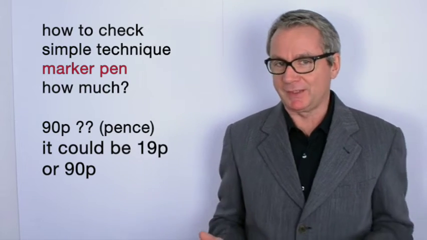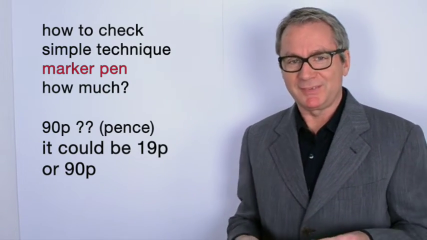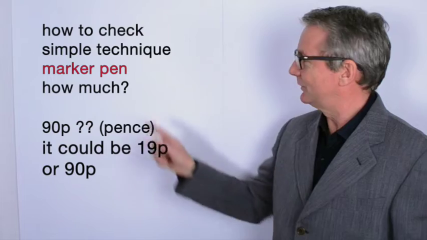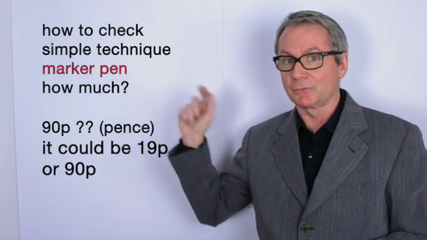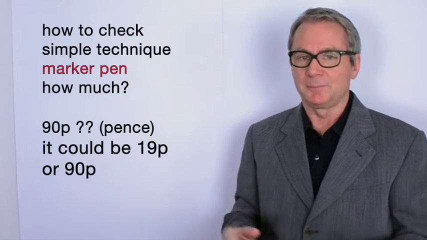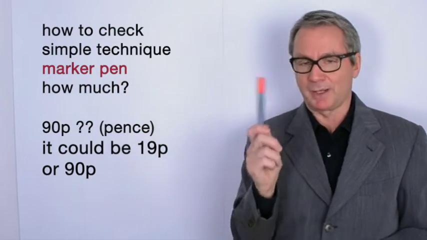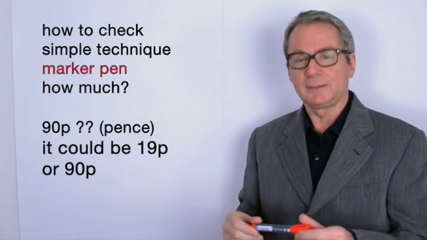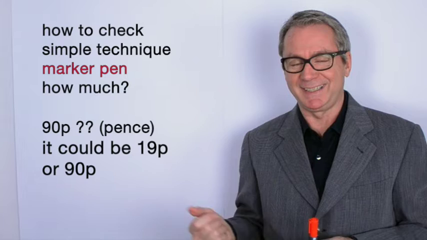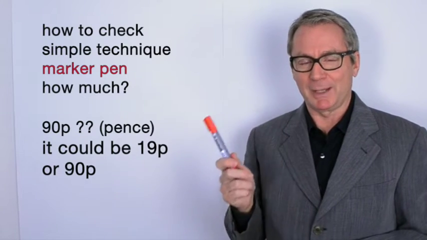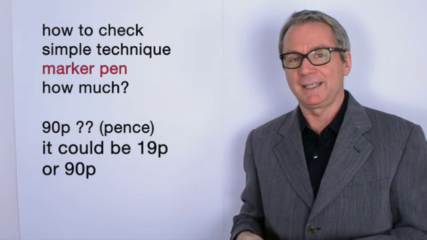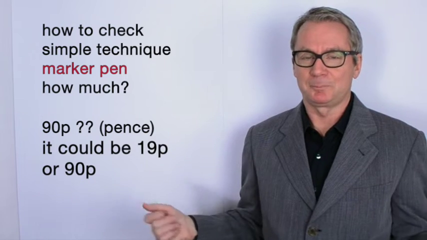So this is how I teach my students, business students and general English students, how to check that you've got the right price or the right number. And here you've got a marker pen. There's no price. So you ask the shop assistant, excuse me, how much is this pen? And they will reply, it's 90p.